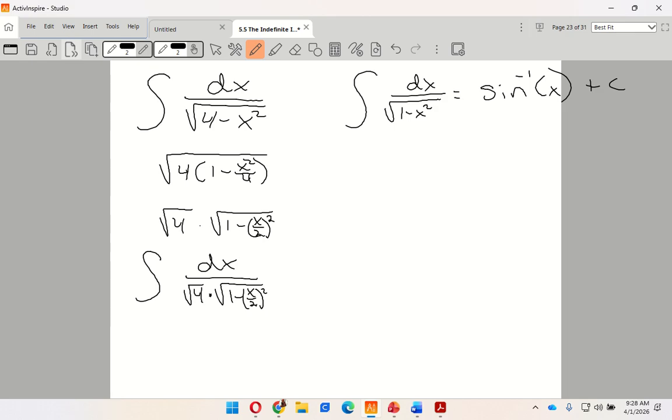I could bring it outside as 1/2, right? Okay, so there's going to be a 1/2 here. And I'm left with this right here, but that's not exactly the same as that, is it? What would I do with that to make it like that? What have we been doing this whole unit? Come on, soldier boy.